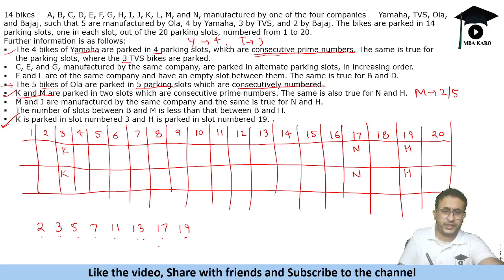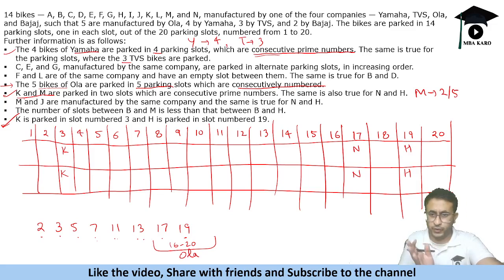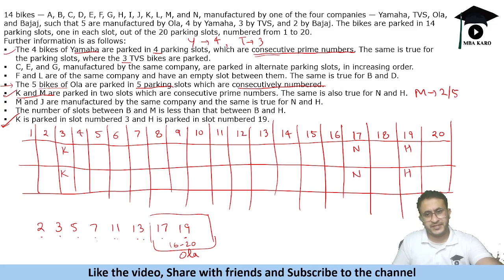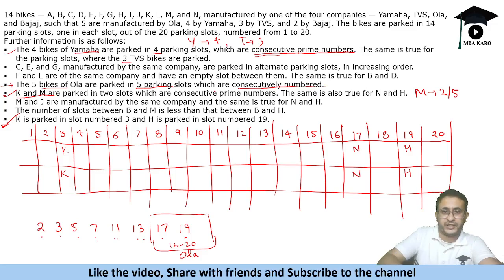If we put Ola in the end, right? Ola end में कितना होगा? 16 to 20. If you put Ola in the end, that means it is 16 to 20. If I put Ola 16 to 20, now again I do not have 7 prime numbers here. Okay. So this means that Ola will be in between. Ola cannot be in the ends. Ola is in between.